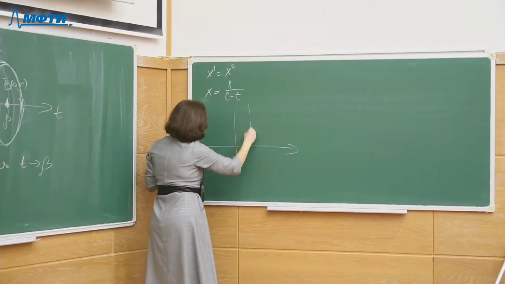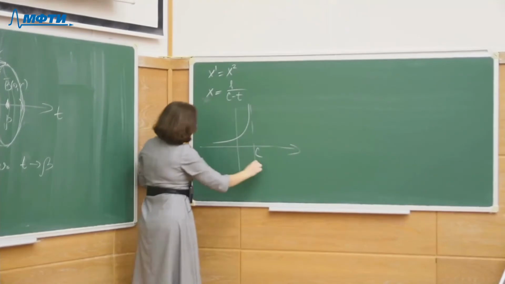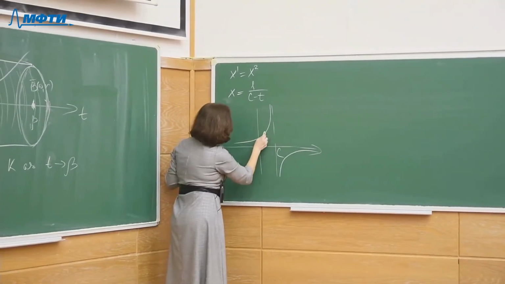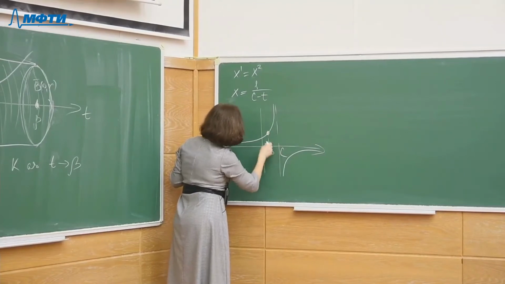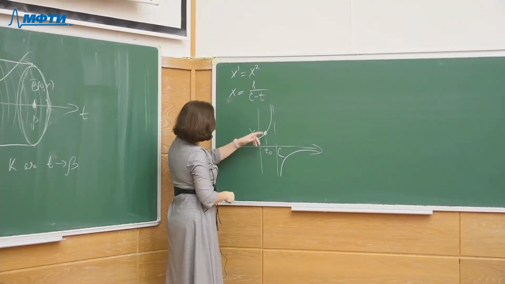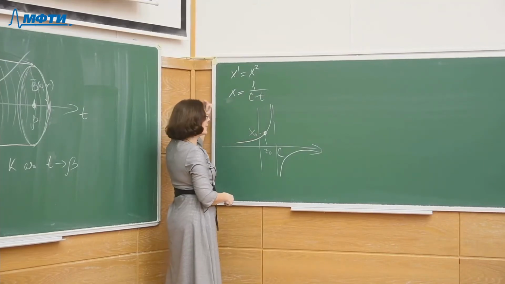For fixed c, we have these solutions, and if we start from this point t0, x0, this trajectory, this solution should leave any compact set.